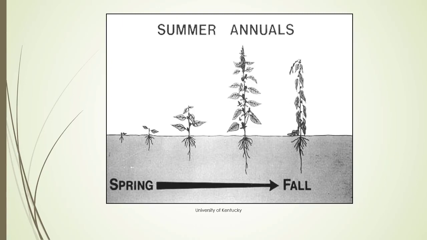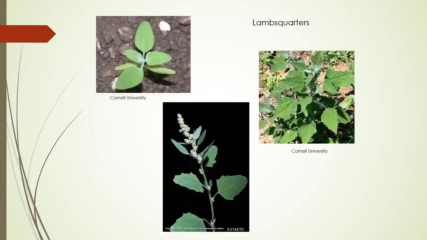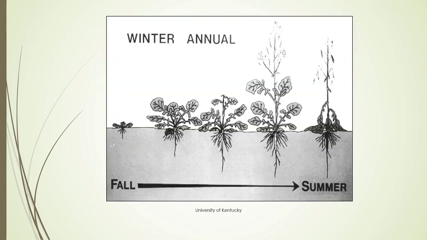So here's a summer annual. In the spring you're going to see the little sprout come up. It's going to continue to grow, it'll go to flower and then to seed, and then it'll die back in the fall. Lamb's quarters is an example of a summer annual. Winter annuals, you'll see these sprout up in the fall, and really this is the time you want to get these guys.